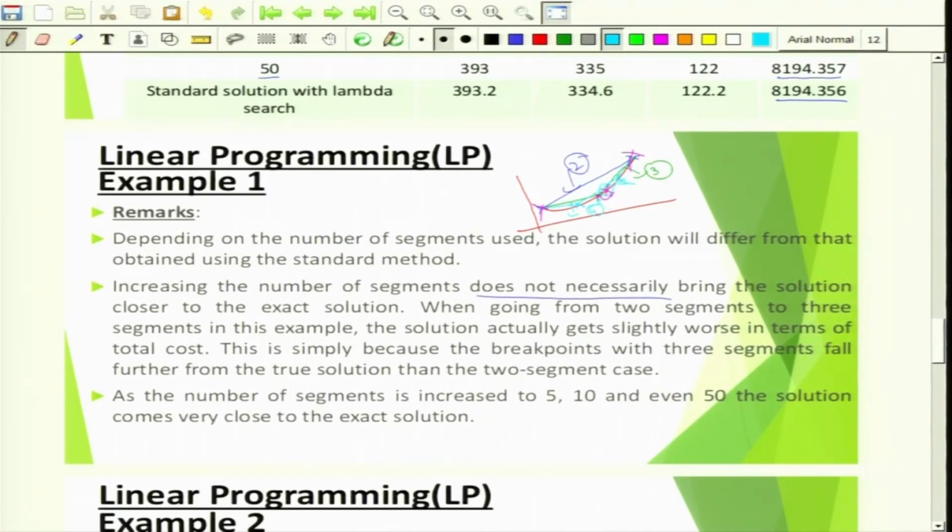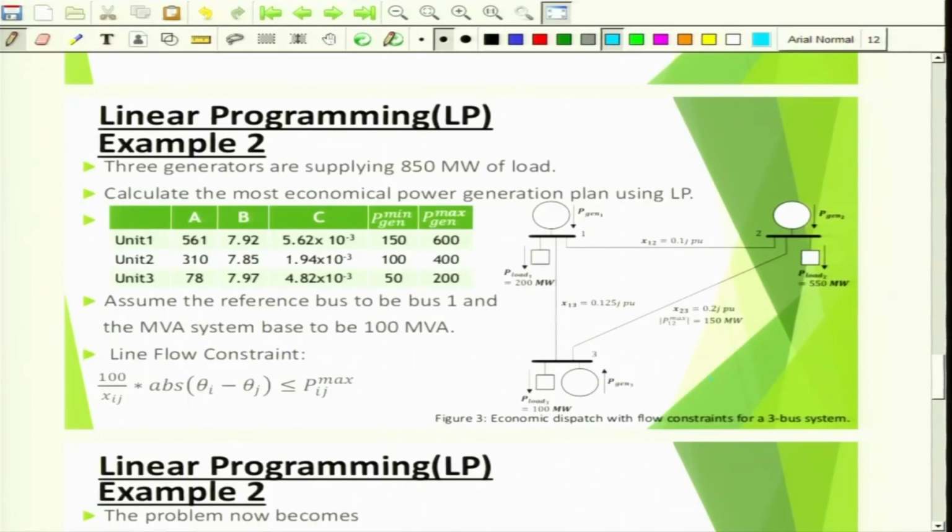Let us take another example where 3 generators are supplying 850 megawatt of load. Now calculate the most economical power generation plan using linear programming. This is the network topology where you have 3 buses, and you have a generator and load present at different buses, and between each bus there is a line and it has its own thermal capacity.